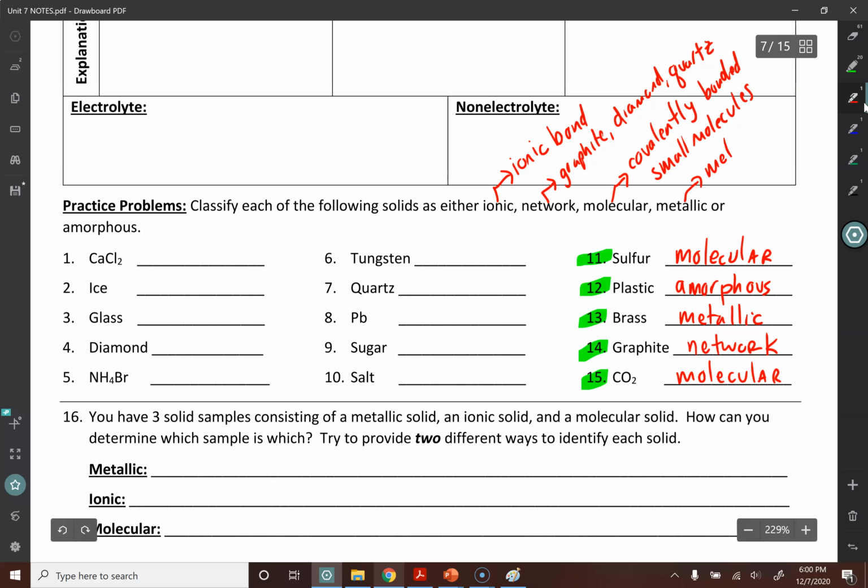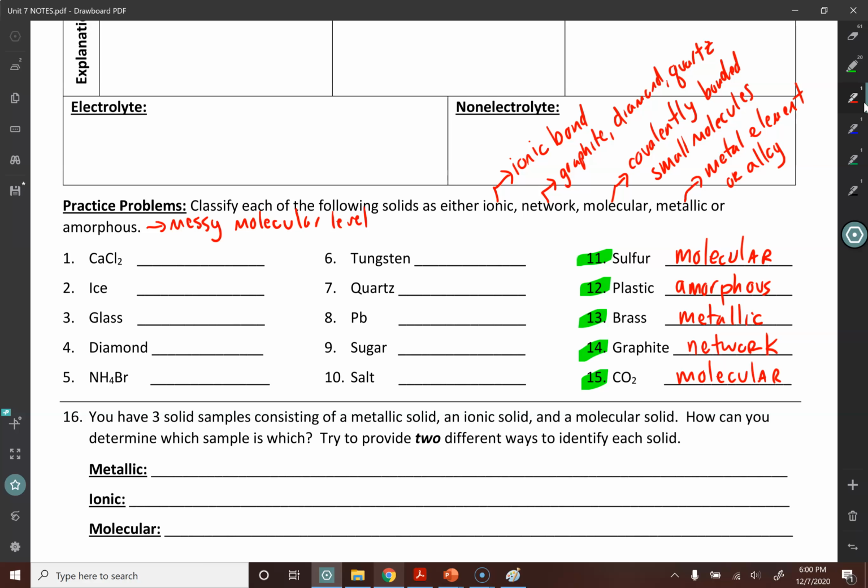Metallic, it's going to be a metal element or an alloy. And amorphous, I probably won't give you too many of these to look at. Things like plastic and glass are good examples, but these are just going to be messy on a molecular level. I would definitely suggest doing some more practice with these concepts. All right, let's get back to the notes and finish stuff up.